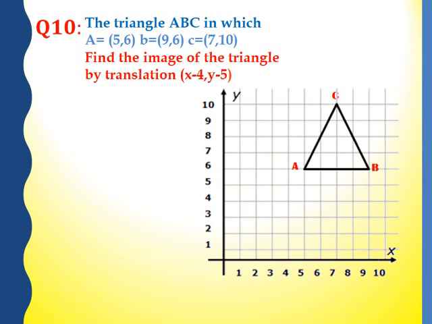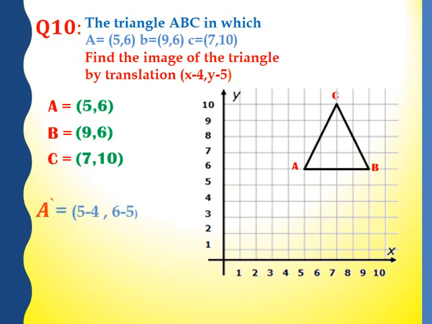I will write again our points: A (5, 6), B (9, 6), C (7, 10). After that, I can find the image of each point using the translation given in our question. I will subtract 4 from the x coordinate like this, and subtract 5 from the y coordinate like this.